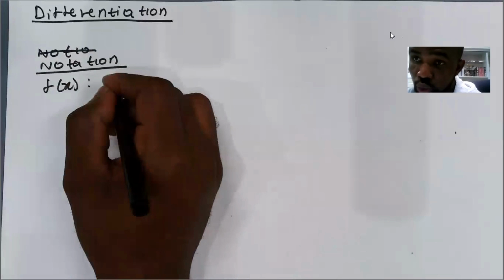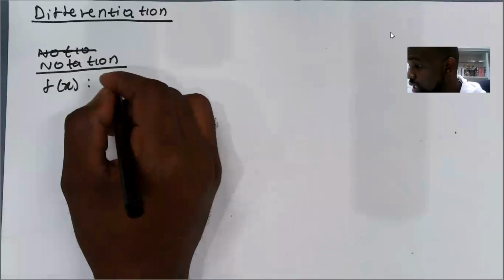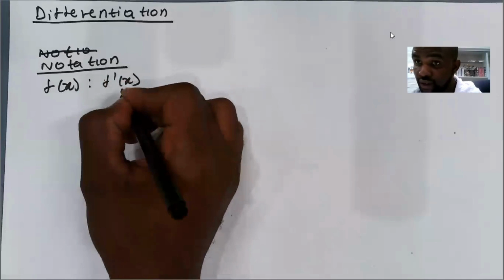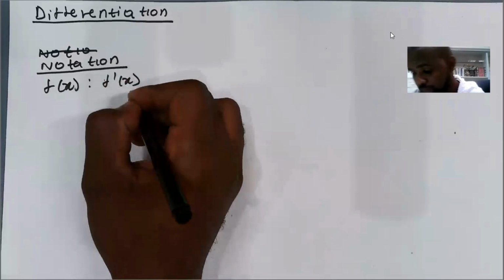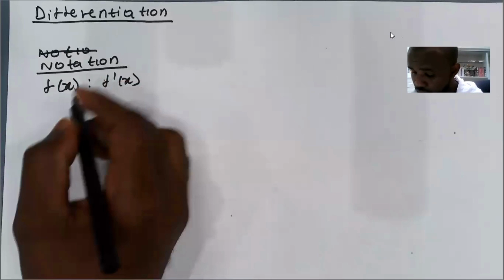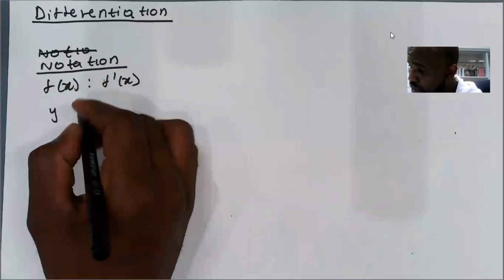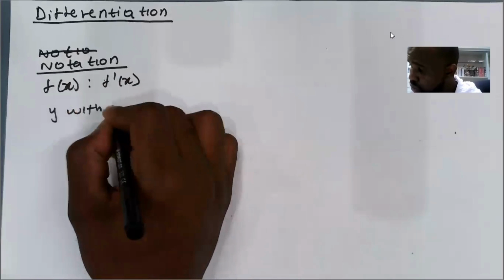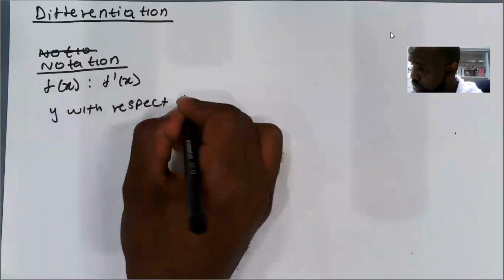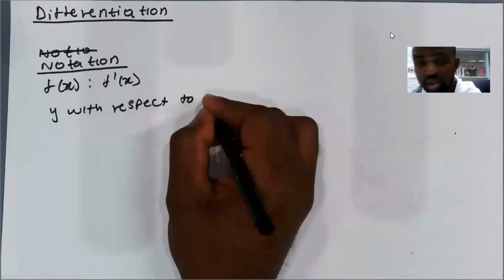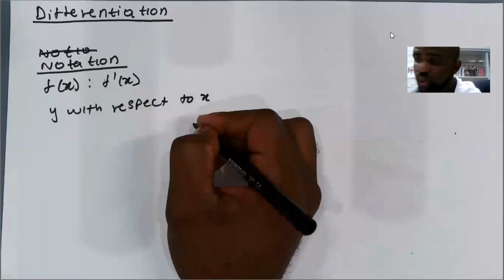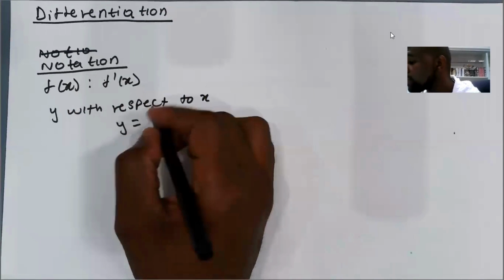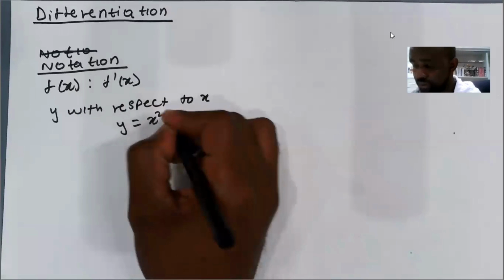We already did this one using our first principle. We're just saying f prime of x. Once we derive, it's f prime of x. And then sometimes we're going to have y with respect to x, where we have probably y is equal to, say, x squared plus 1.